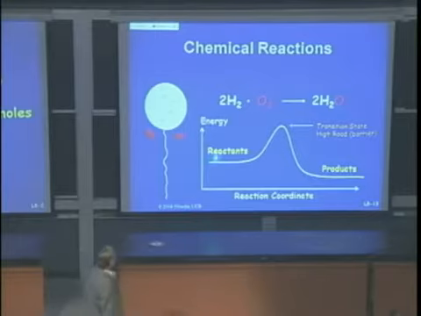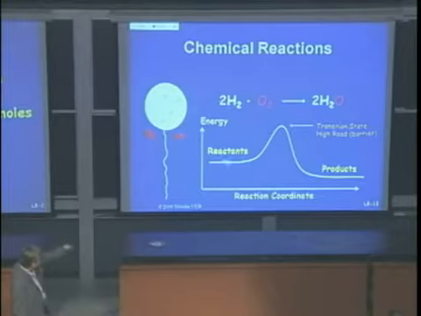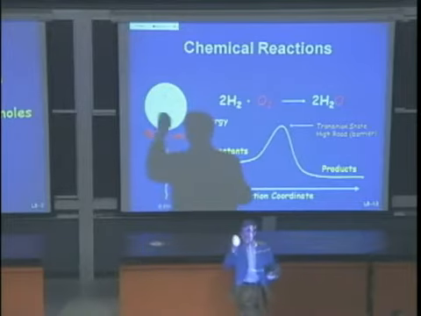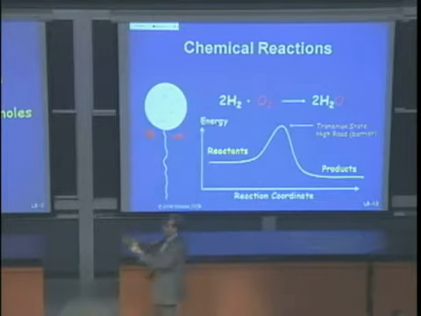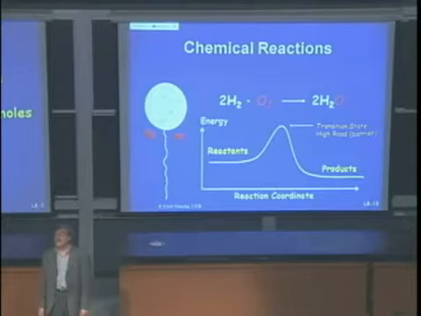Are the products in a lower energy state than the reactants? Yes, 0 would be here. The reactants have a higher energy state than the products. You've heard it all, you've seen it. The energy was released. Hydrogen and oxygen formed water and gave energy, okay? So is that an exo or endothermic reaction? Exothermic reaction.